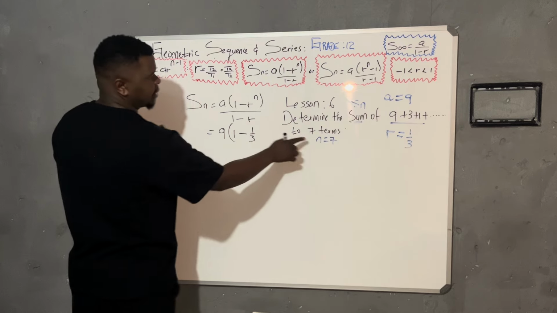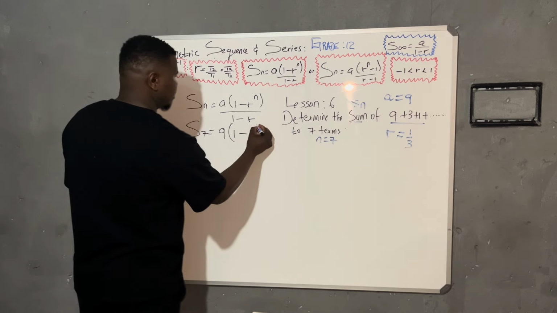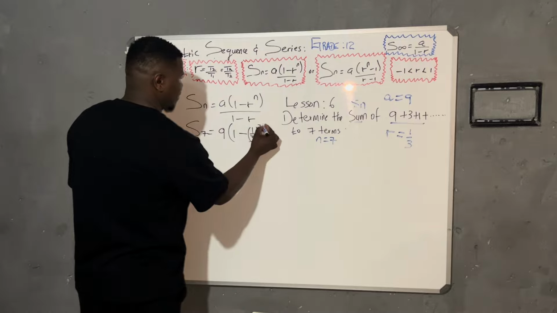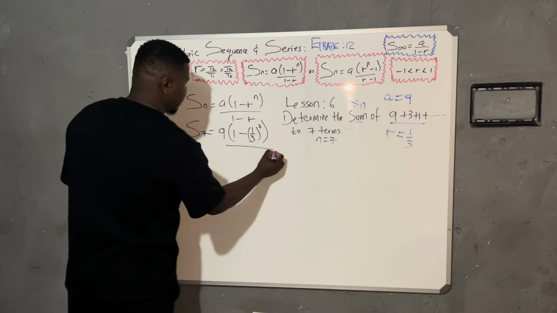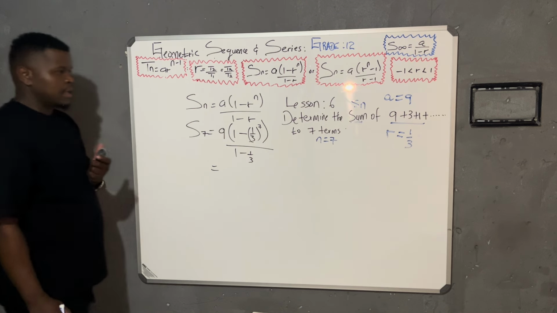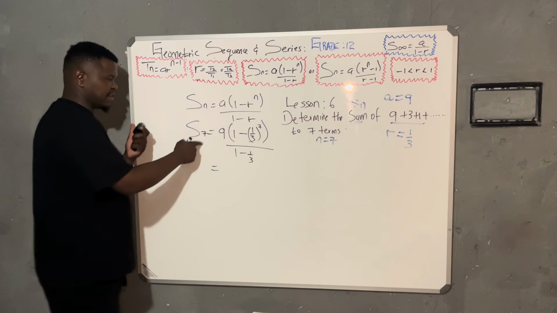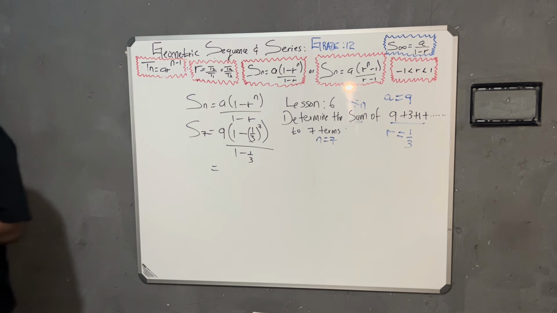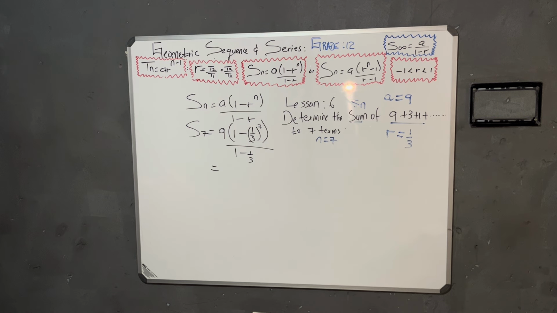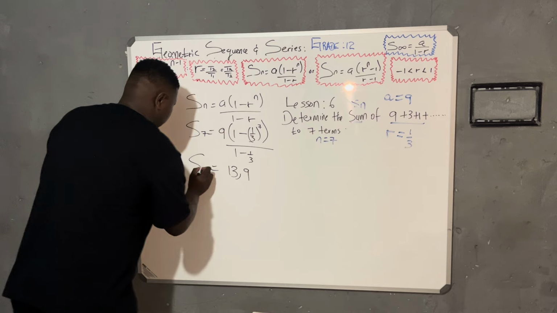Sorry, my N is 7. So that's a 7, and then we've got 1 minus 1 over. Yeah, the sum of this means the sum of the first 7 terms of the series. If you punch your calculator, you must get this.